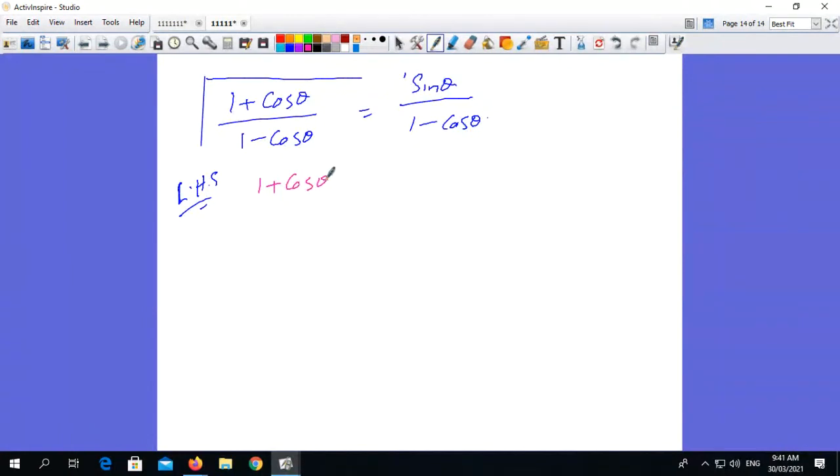1 plus cos of theta by 1 minus cos of theta. We take help from right hand side. In denominator we need 1 minus cos of theta.